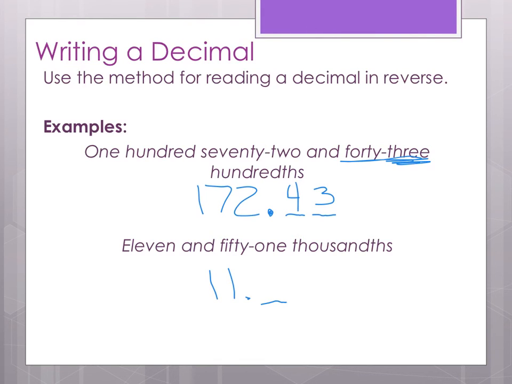So I'm going to draw in those places, 1, 2, 3, and then the last number of this, the 1 of 51, needs to end in that place. So again, I'll write backwards. The 1 goes there, and then the 51 goes here. And I have to put a number in that blank space, and we'll use a 0 as a placeholder to do that. So this is the number 11 and 51 thousandths written in standard form.